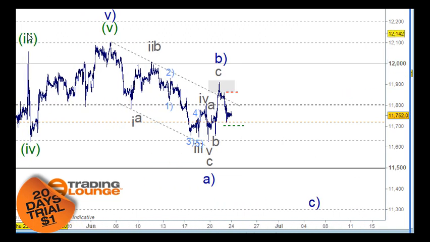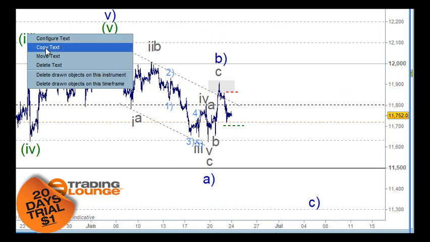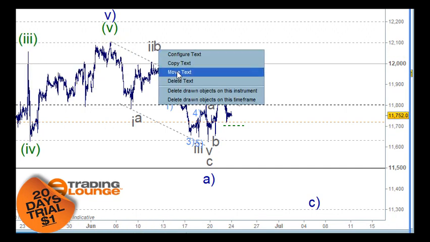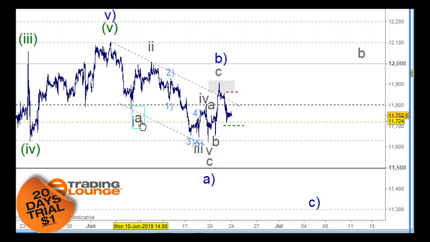Also, these would need to change here as well. These will all need to be 1 degree higher here, but that's okay. So we're looking at 5 waves coming down to this point, but they will need to be in green at this stage. So I'll just move these out of the way here now, over here.